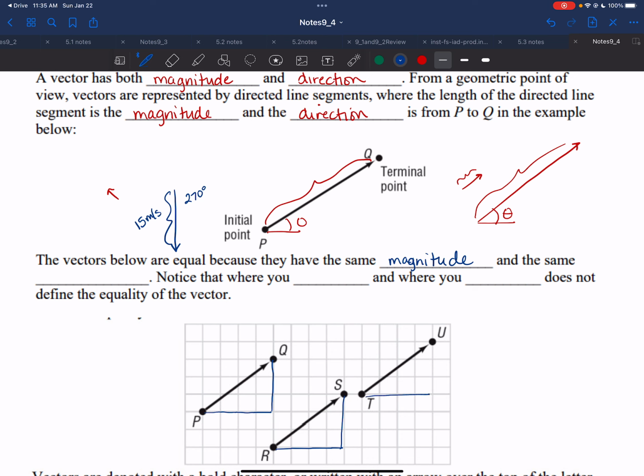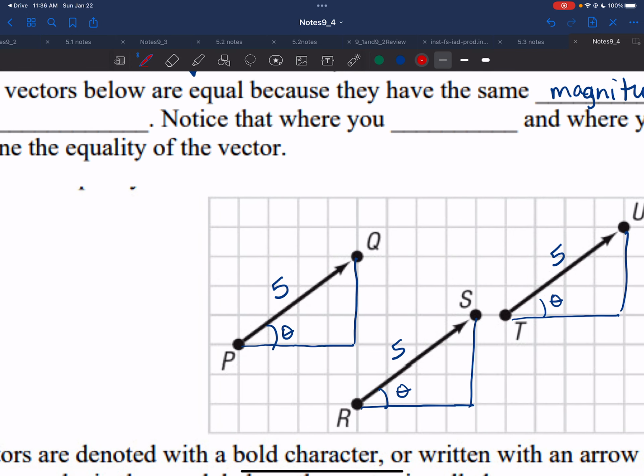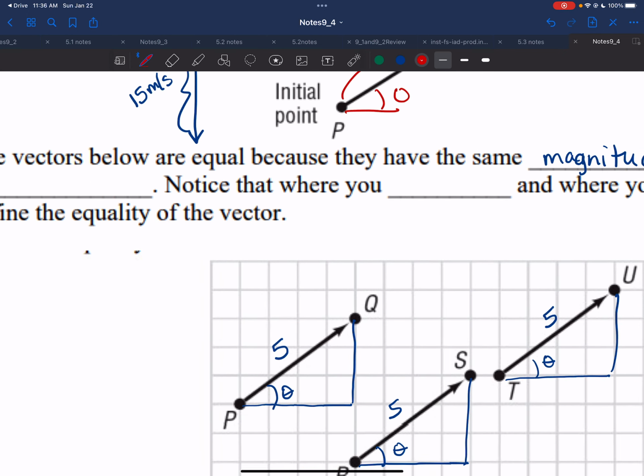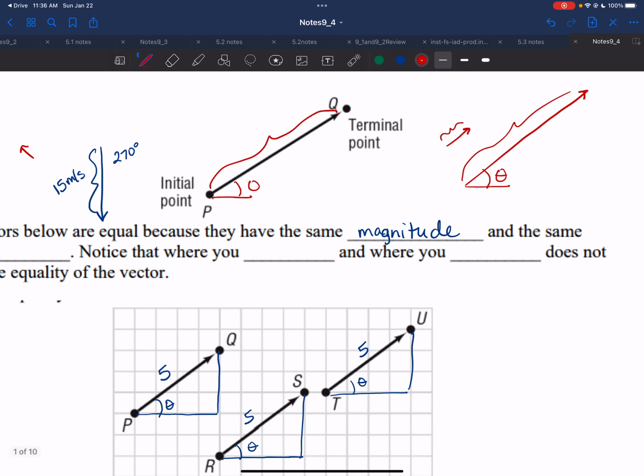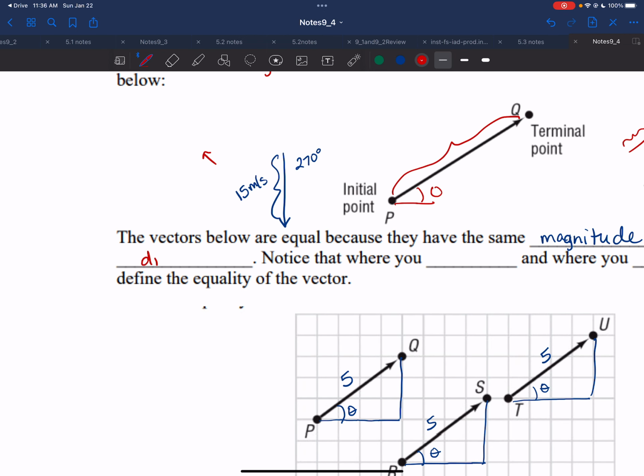That value of this vector, whatever these units are, they are all worth 5 and they all have that same angle. So they're all equal to each other, okay? And the same direction.